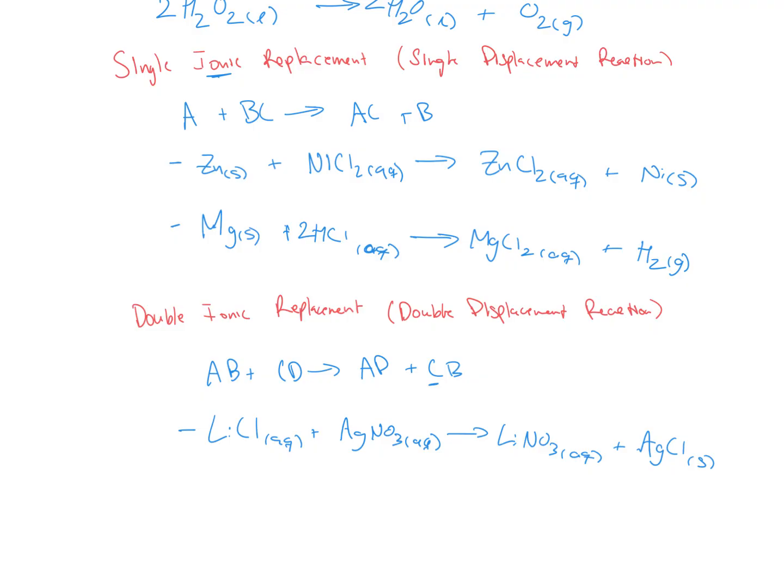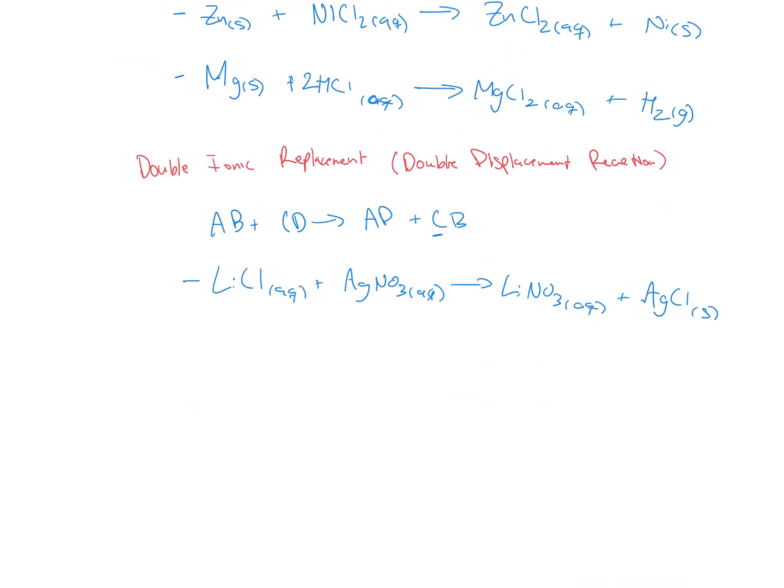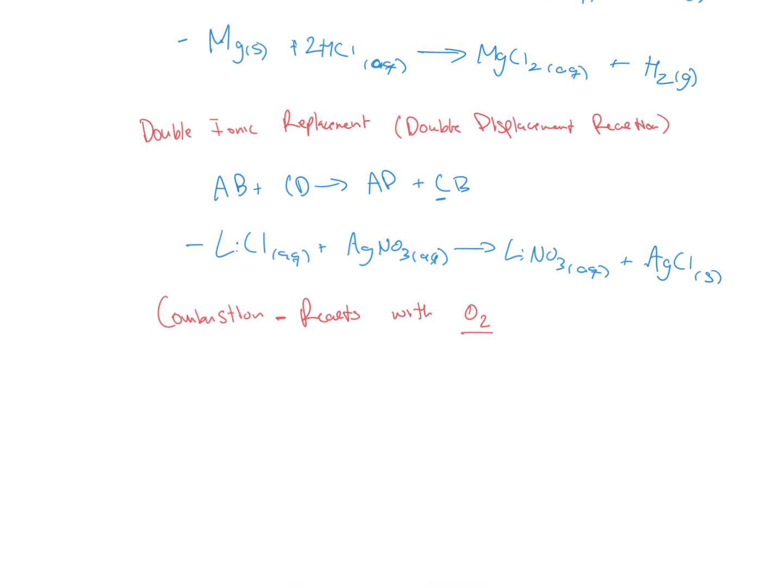The last major reaction class is a combustion reaction. And in reality, all this means is reacts with O2. So if you ever see O2, you immediately need to think a combustion reaction.